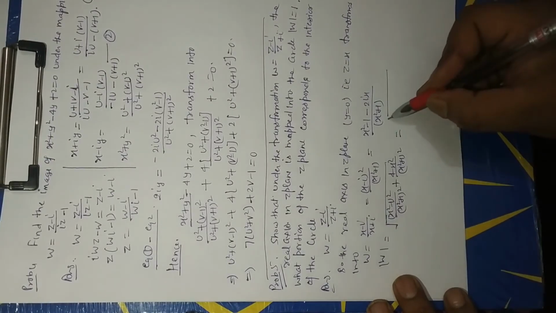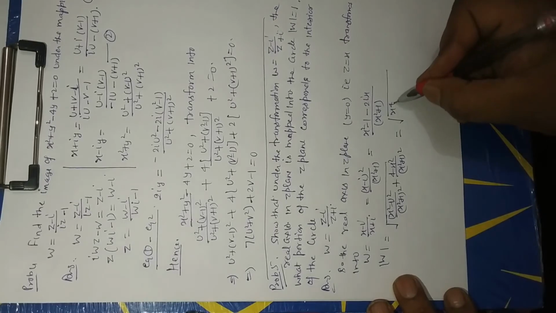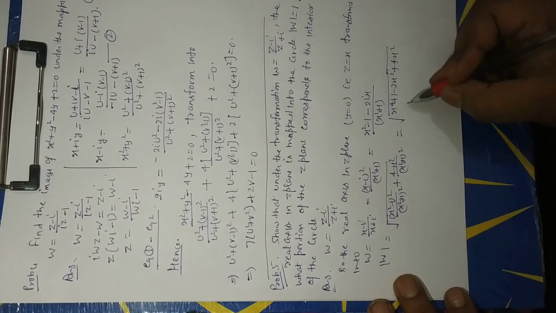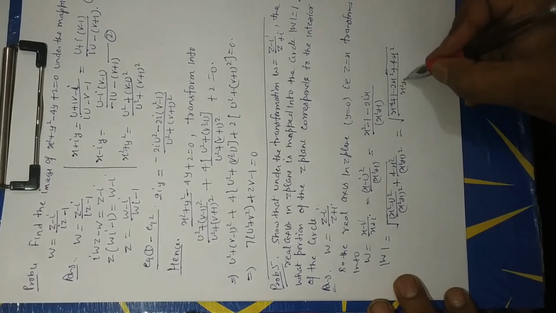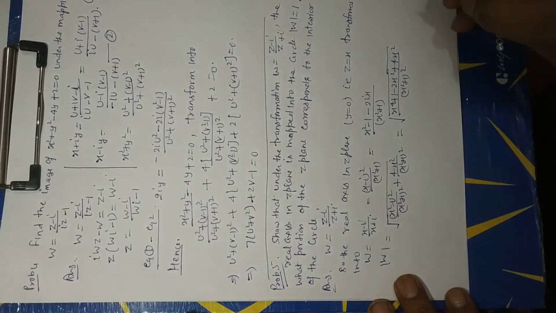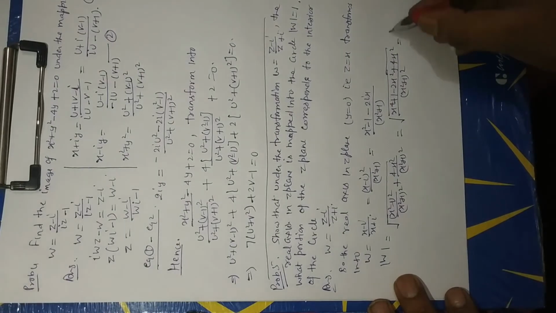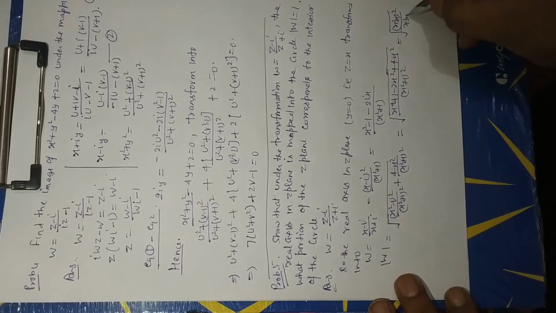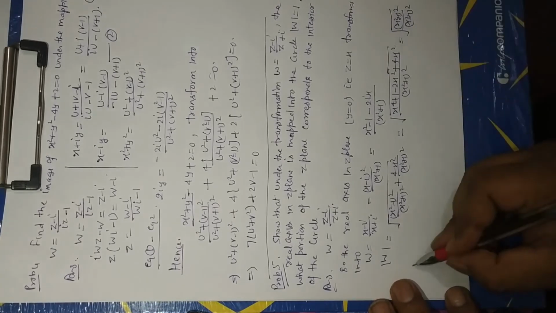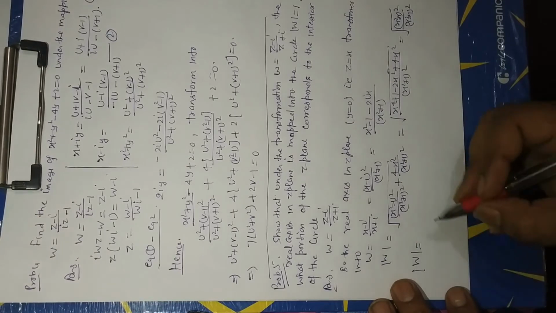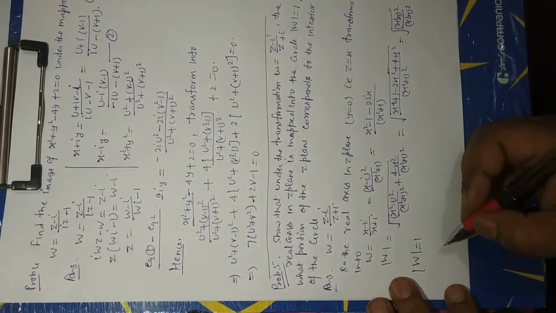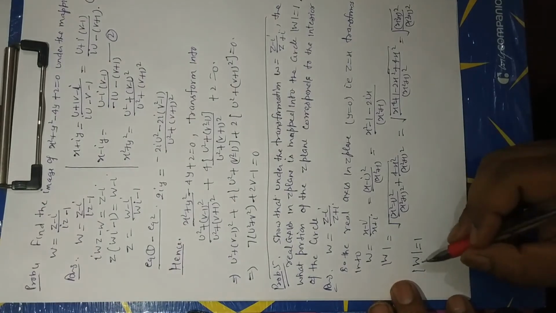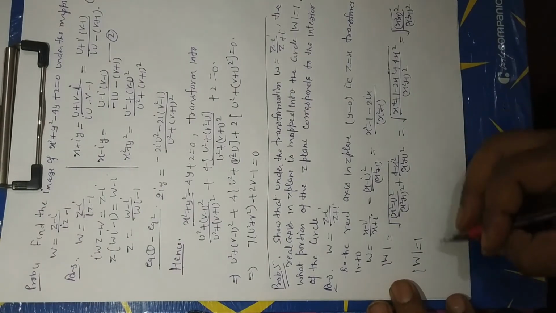Now this is equal to x to the power 4 plus 1 minus 2x square plus 4x square upon (x square plus 1) whole square, which is equal to under root (x square plus 1) whole square upon (x square plus 1) whole square. Now cancelling this, that is modulus of W is equal to 1. It is a circle in the W plane whose center is 0 and radius 1.